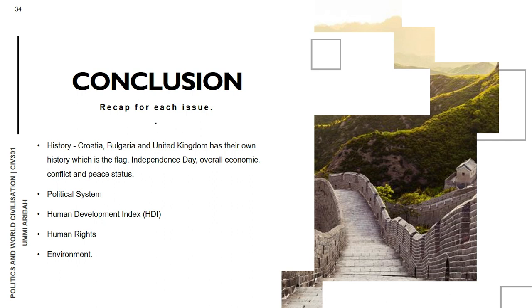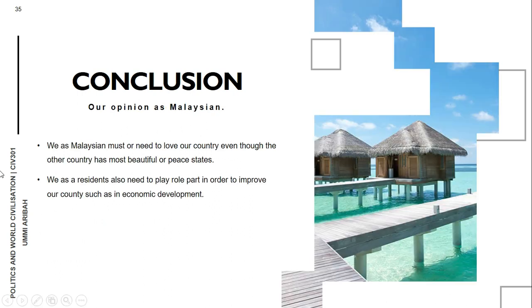Every person is entitled to certain fundamental rights simply by the fact of being human. These are called human rights rather than a privilege which can be taken away at someone's whim. Lastly is about the environment. It covers what happened in each country, which are Bulgaria, Croatia and the United Kingdom.